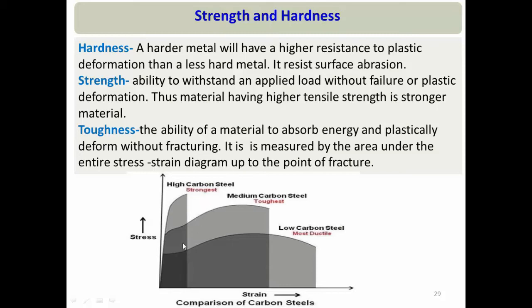And when you reduce carbon to a very low level, its strength decreases, yield stress or ultimate tensile strength is also lower, but its ductility is very high. And medium carbon steel has better ductility as well as yield strength. So ultimately, the area under the curve is high. So medium carbon steel will be the toughest steel.